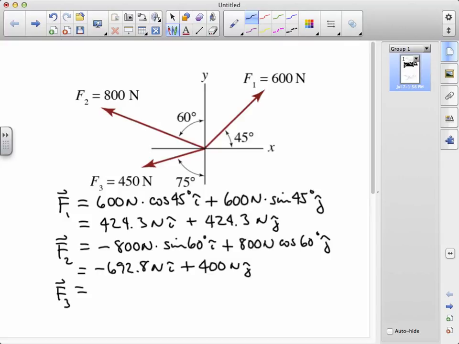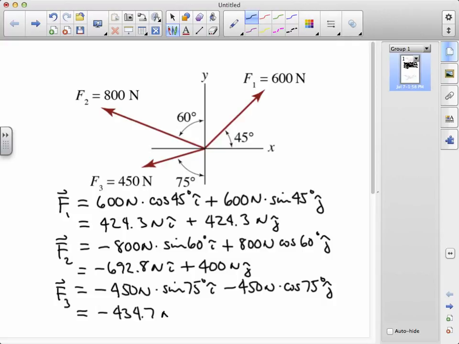So now we're going to have, for F3, minus 450 newtons sine of 75 degrees in i, and minus 450 newtons cosine of 75 degrees in j. And those numbers turn out to be equal to minus 434.7 newtons in i and minus 116.5 newtons in j.